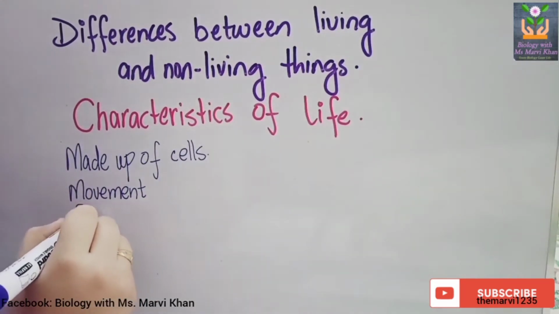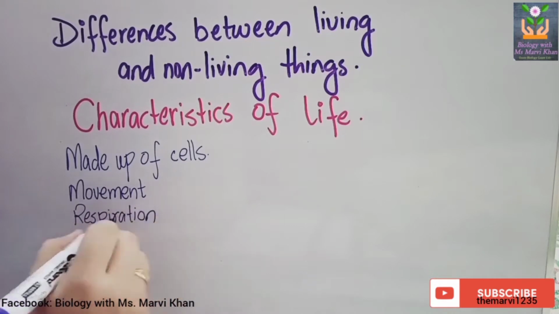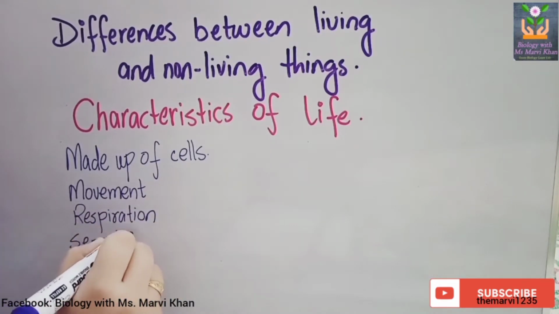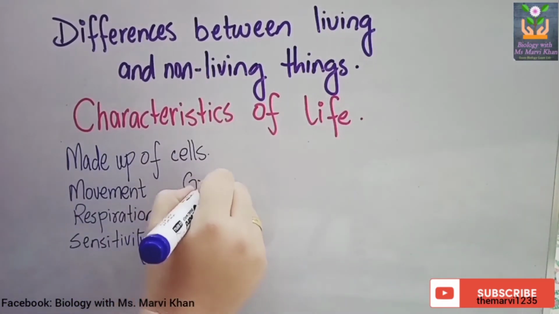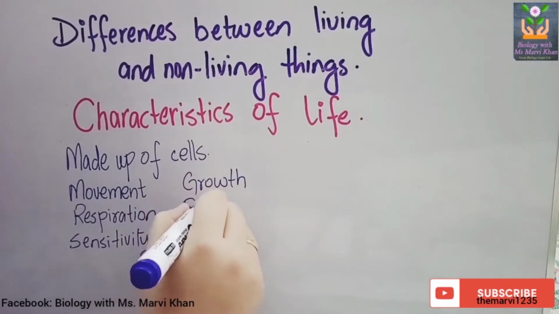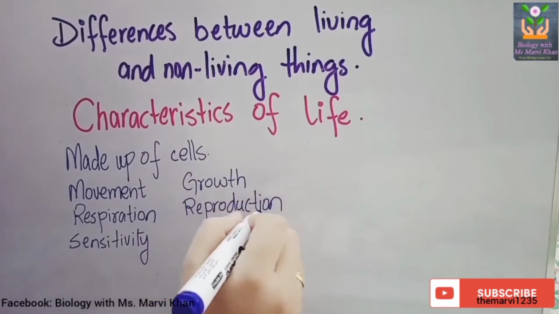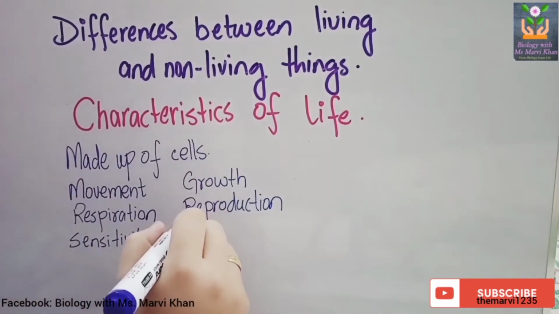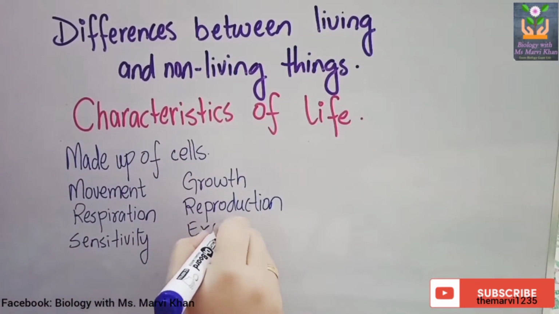And then organisms grow. Growth is the permanent increase in the mass and volume of the organism. Organisms can reproduce their own kind. They can remove metabolic waste products through the process of excretion.